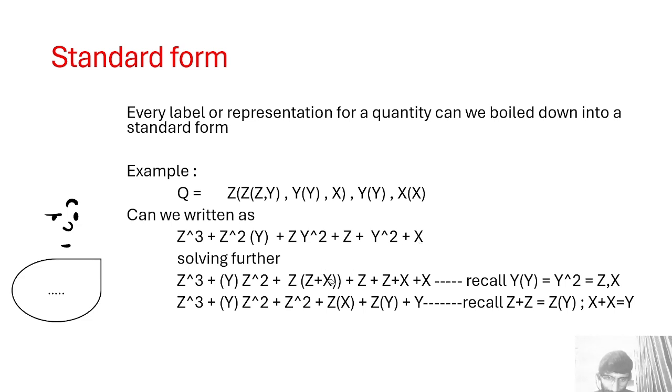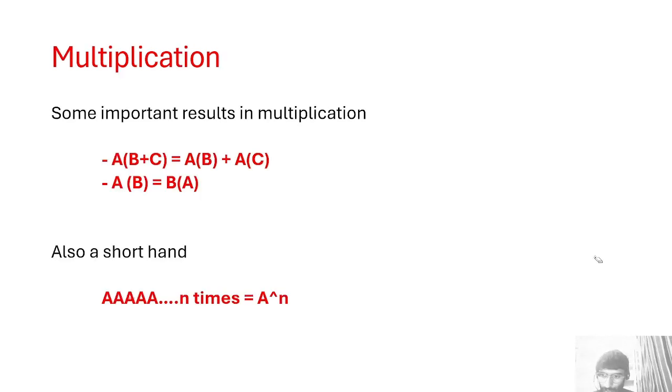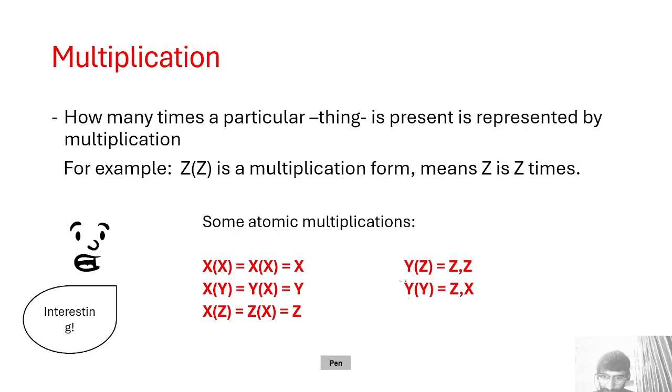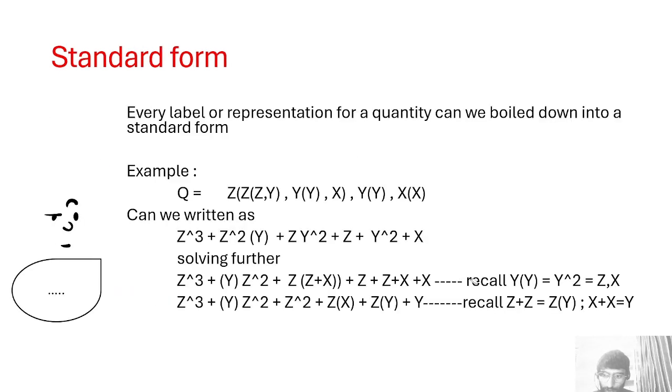Further, you can see you can reduce this y square with this z and x. We just defined here, this is the y square. Y square can be replaced with z comma x, where the comma is simply plus here. Further, you can do the distribution of z.